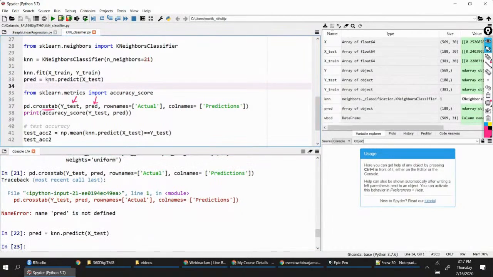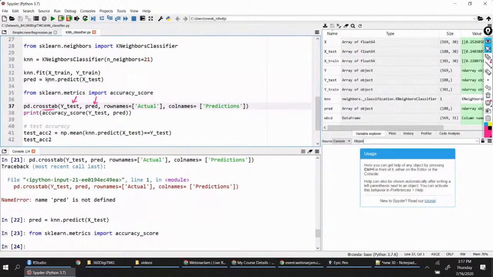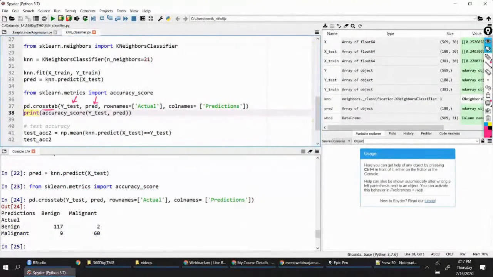I've fitted, I've predicted, and to measure how well this model has predicted, we are using this cross table function. Now, cross table is a function which basically estimates the accuracy of your model. Your model is said to be accurate if it is correctly predicting benign cases as benign cases, malignant cases as malignant cases.